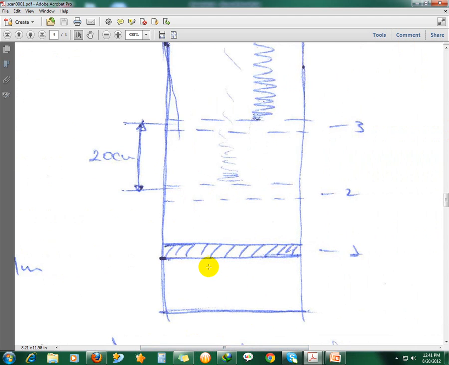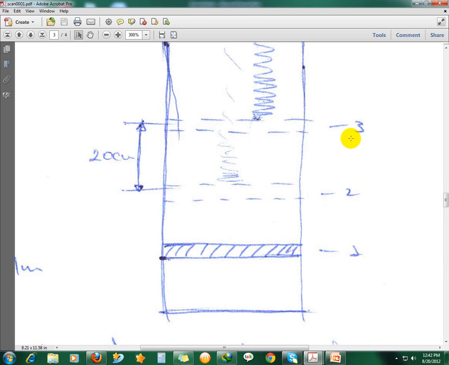To calculate the pressure, first let me show you in this arrangement. From stage 1 to stage 2 it's a constant pressure process because there's no change on this piston.